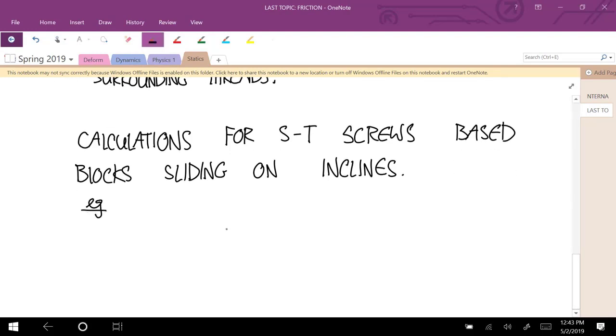Let's say you have an incline like this that makes an angle of 20 degrees with the horizontal. Let's say that this box has a mass of 100 kilograms.